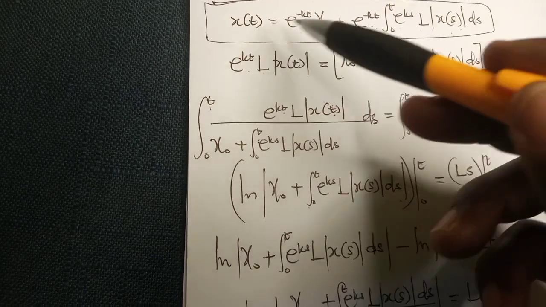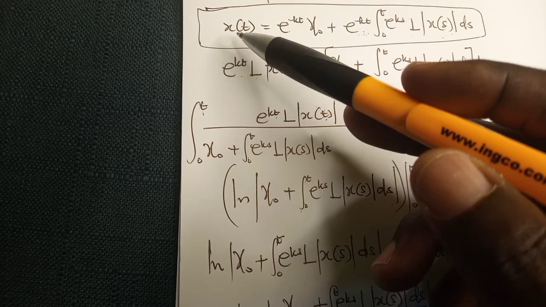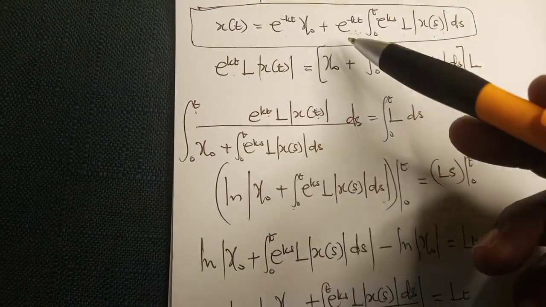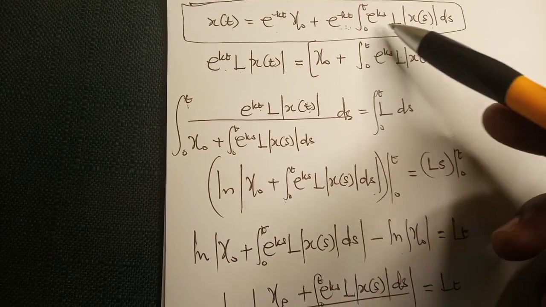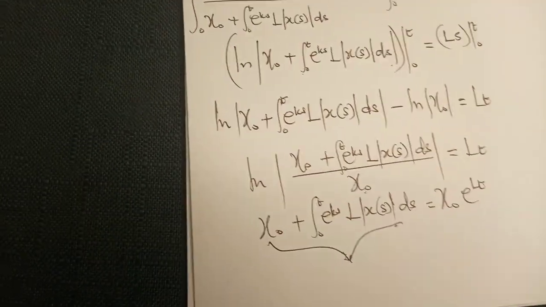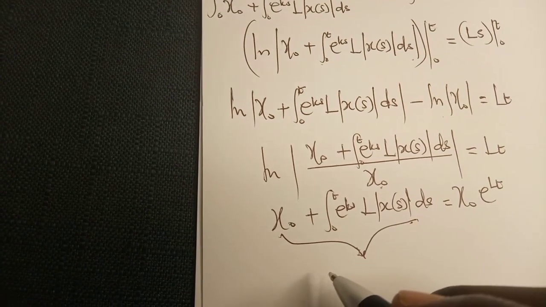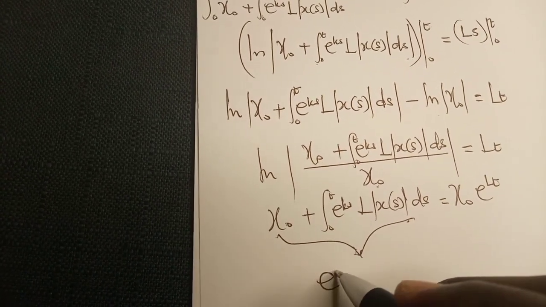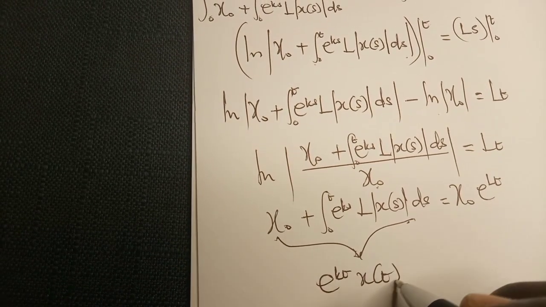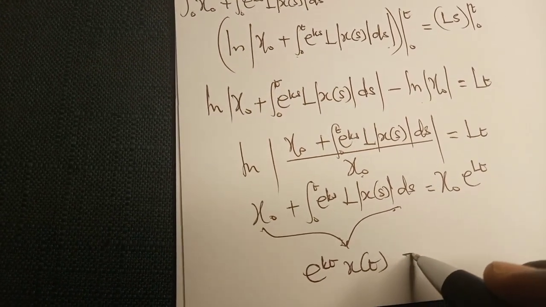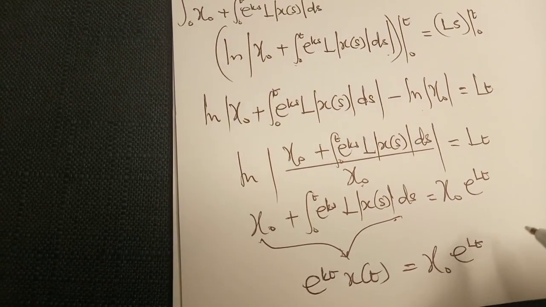So we have e exponent kt x of t, leaving this and the integral function. All this will be equal to e exponent kt x of t equals x naught e exponent lt.